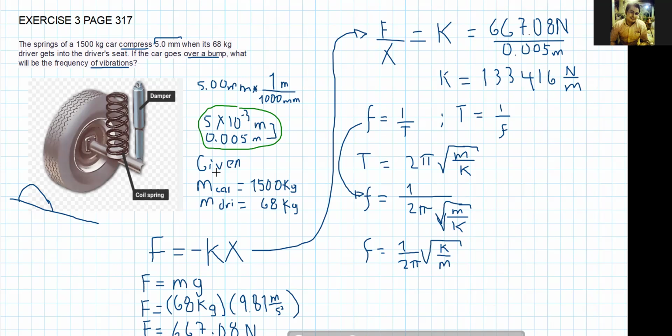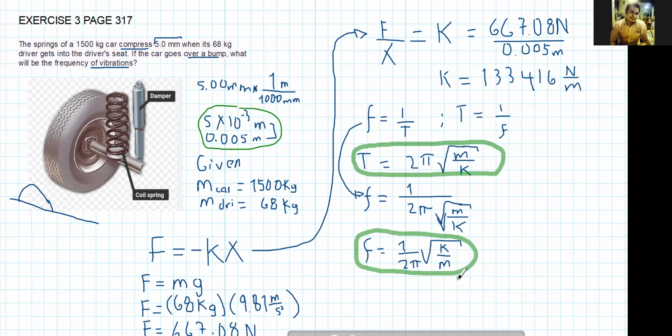Here we have something important that you need to copy, guys: this is the formula of a period for a simple harmonic motion, where we have a sinusoidal period, okay? And this is about frequency, really important, okay?